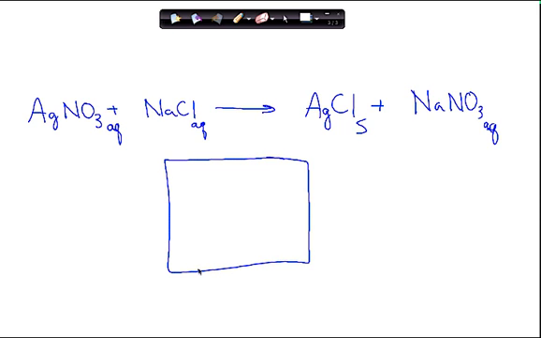Well, down here at the bottom, we're going to have a pile of AgCl. And then in solution, we will have sodium ions and we will have nitrate ions.